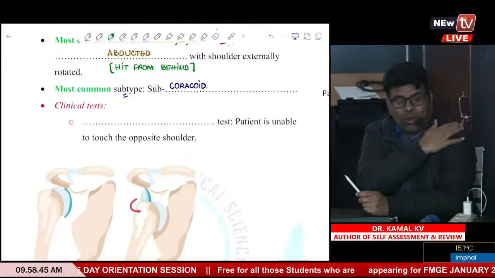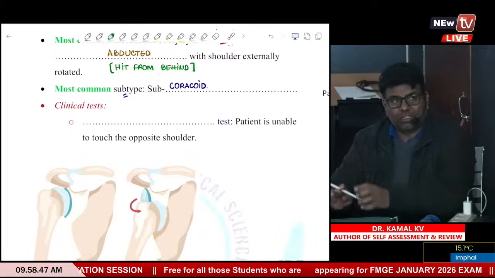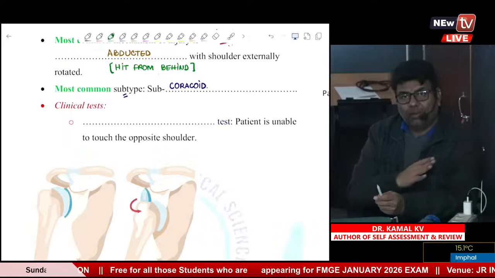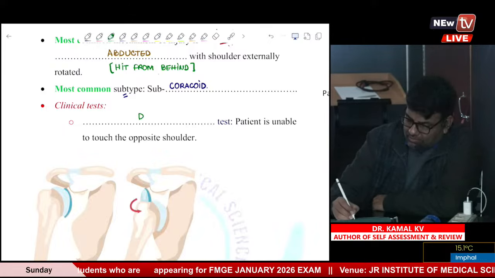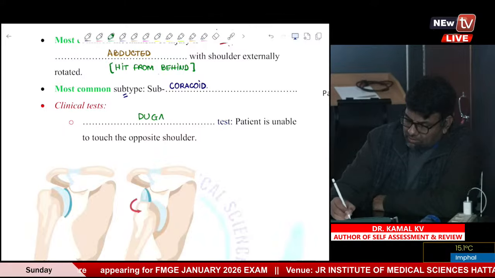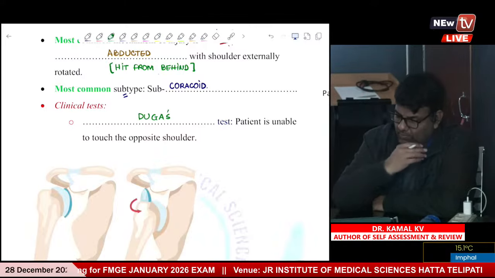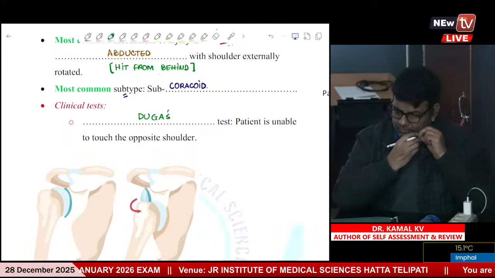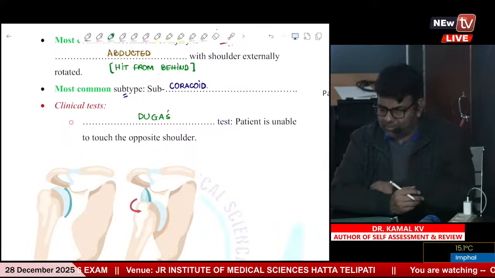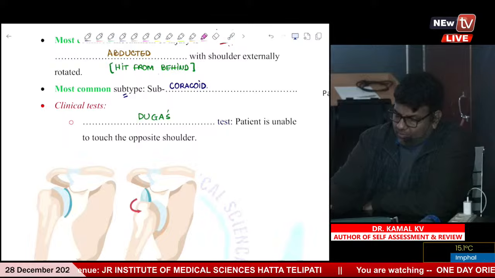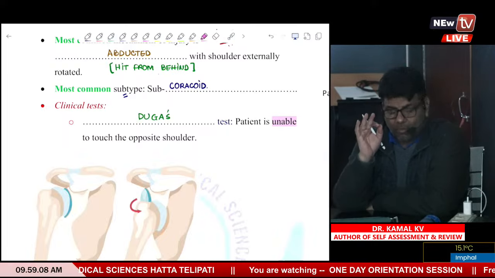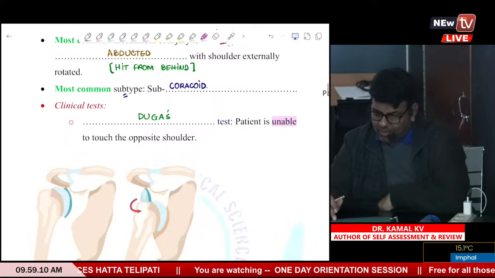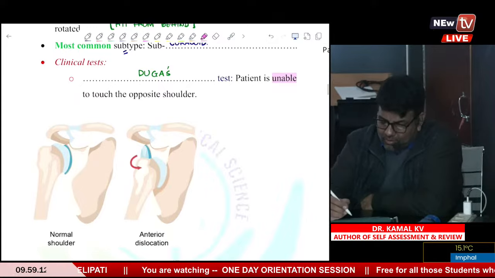But if the joint is dislocated, the person will not be able to touch. So this test is known as Dugas test, where the patient is unable to touch the tip of the opposite shoulder.